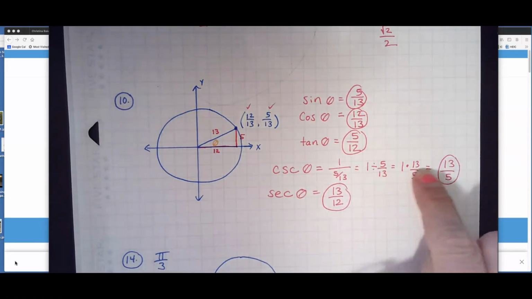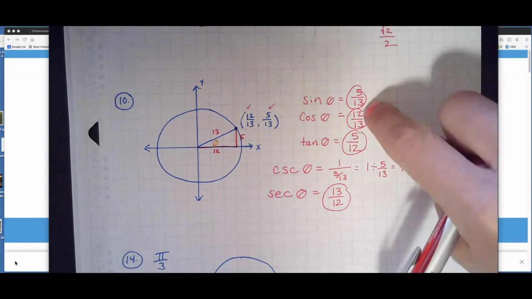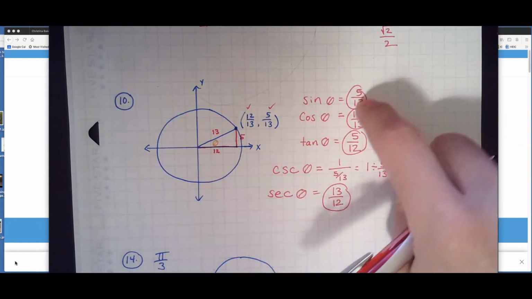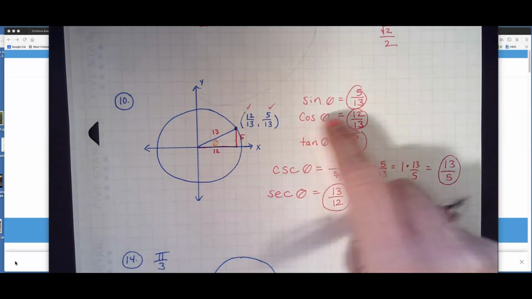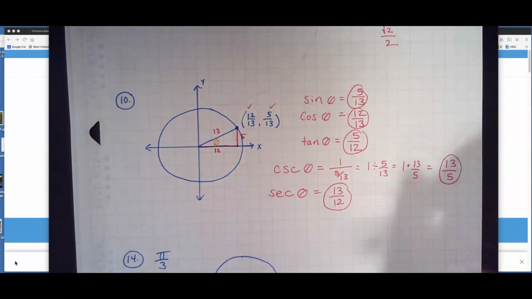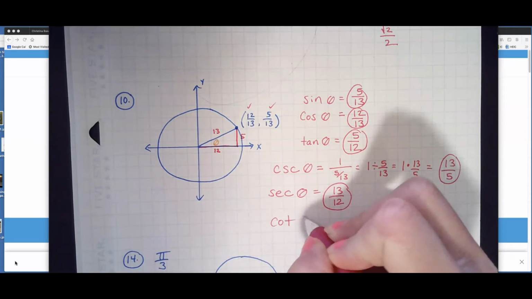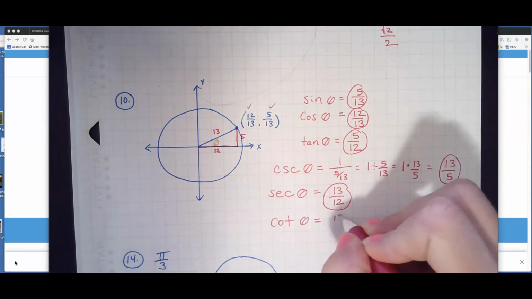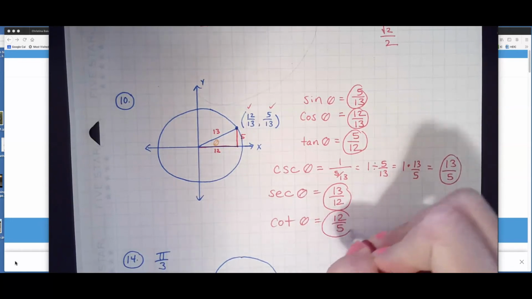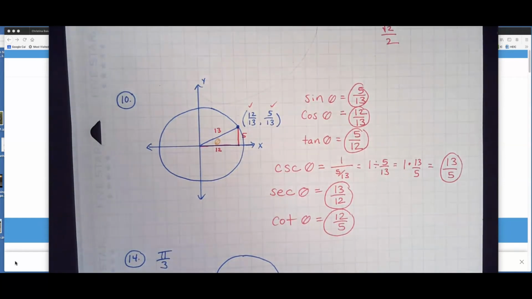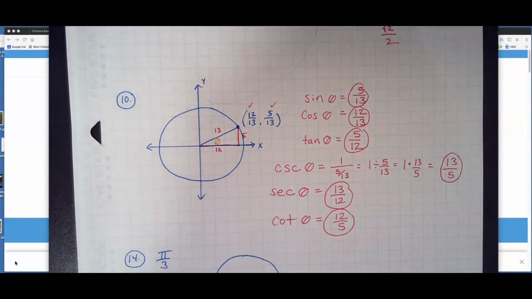I don't need to do the math like I did here because I think you get it: cosecant is the reciprocal of sine, secant is the flipping of cosine, and then tangent, the flip of that one is cotangent of theta. So if I do the reciprocal of 5/12, it would be 12/5. Okay, so there you go. You've answered the question for determining the values of those trig functions at that point.